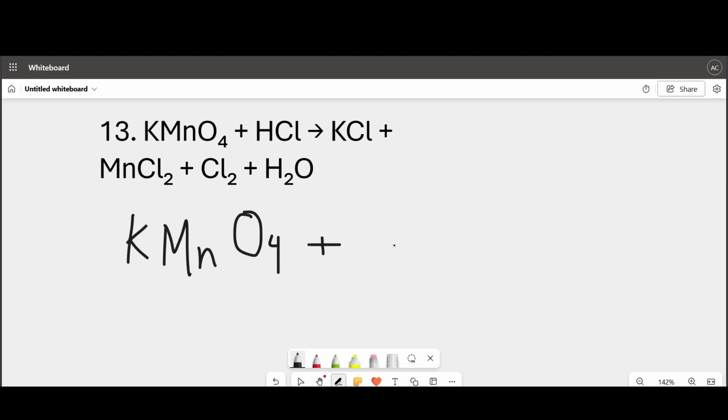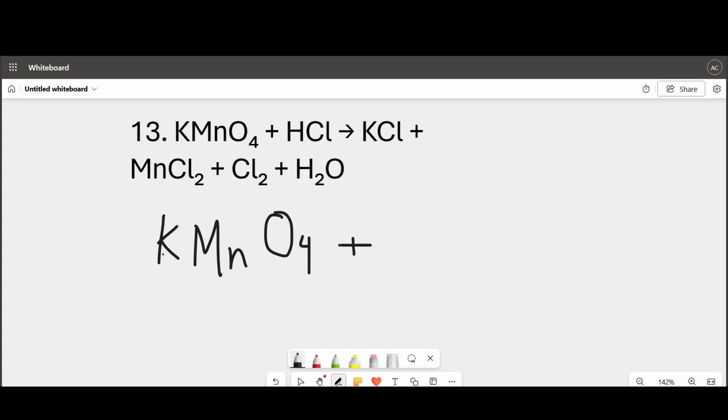Okay, so let's start with K first. Let's start with potassium first. Try to balance potassium here. Potassium is already balanced, but chlorine is not. Manganese is also not balanced here.